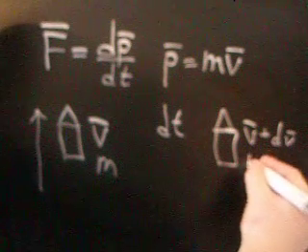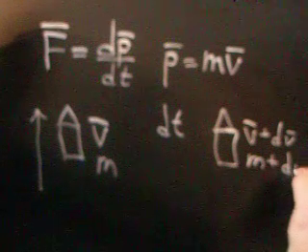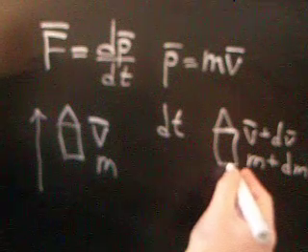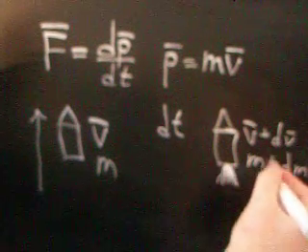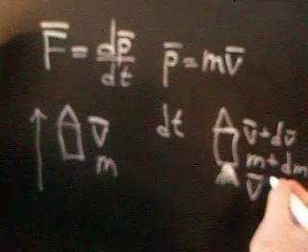But in doing so, it has to consume some of its mass, so the mass of the rocket has decreased by a small amount, dm, which is negative. This mass will come out as exhausted gases with the velocity relative to the Earth of v prime.